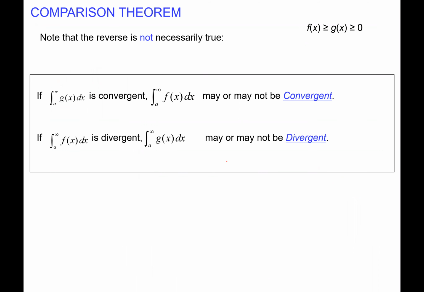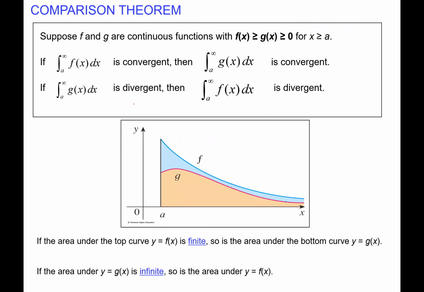Okay, before I do the exercise, we have to be careful that we will not always be able to compare, especially in a situation like this. Let's say that function g of x is convergent.